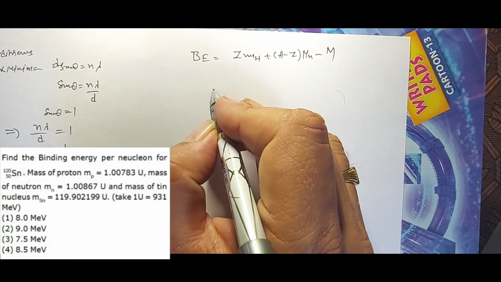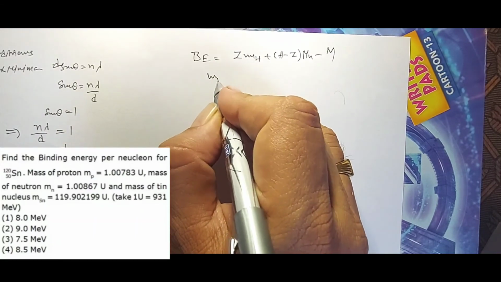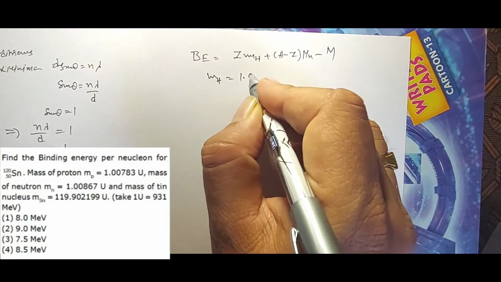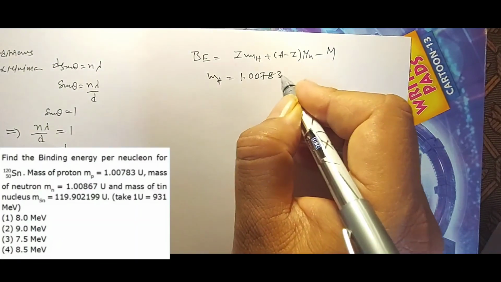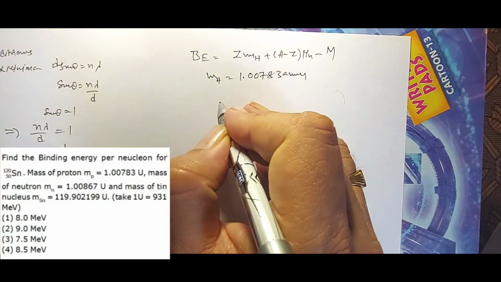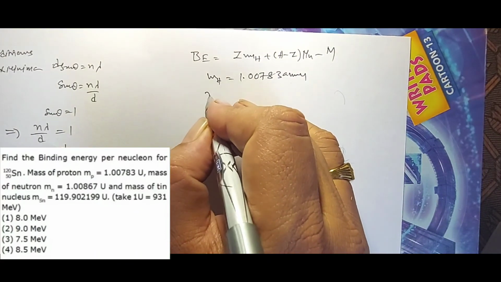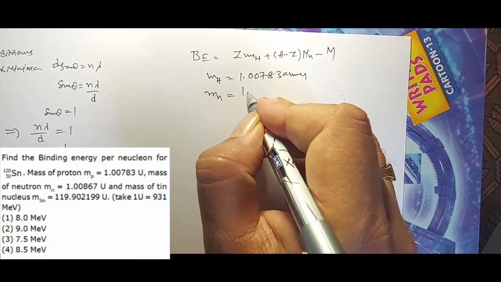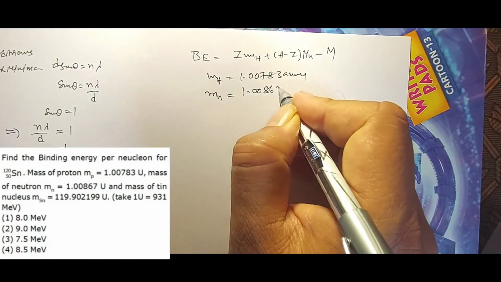Here the mass of the proton MH is 1.00783 AMU. The mass of the neutron Mn is 1.00867 AMU.